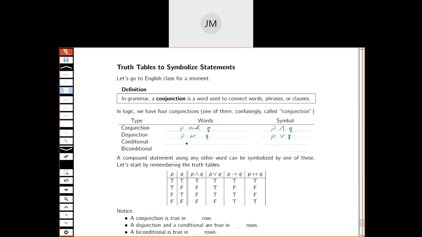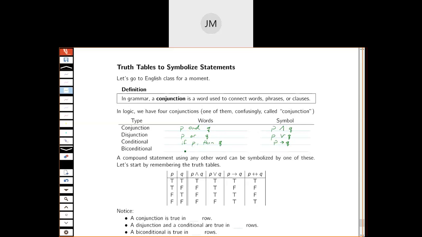Our conditional is if P, then Q. When we write that in symbols, we use an arrow pointing from P to Q. This is the only one where our symbol has a direction to it, and that makes sense because it's the only one where the order really matters.